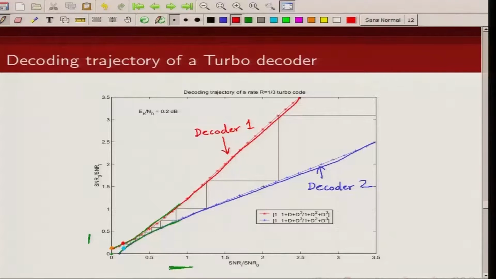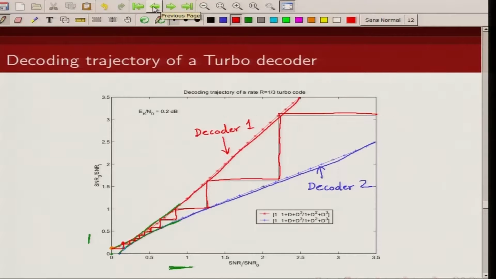You can see I am going like this. This is how the decoding trajectory of my turbo decoder progresses.